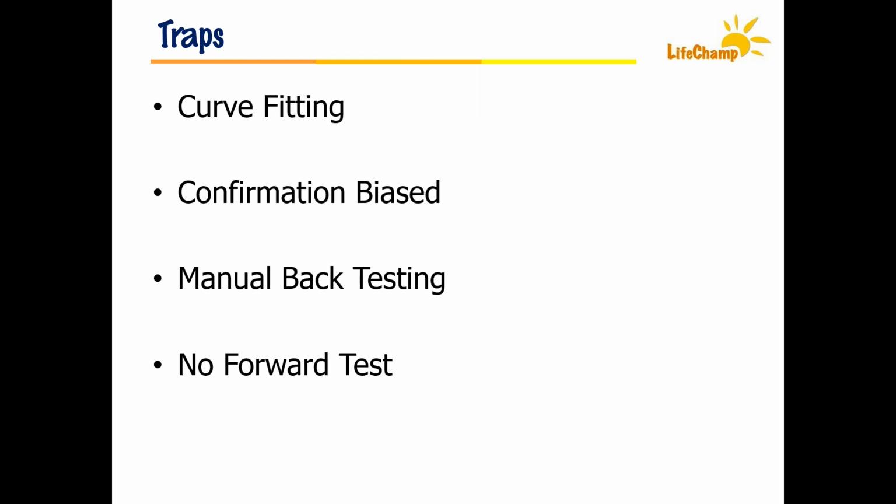Of course, there are many things you need to consider. There are many traps in trading, not only in backtesting. One is curve fitting. What is curve fitting? It is assuming that whatever happened in the last 5, 10, 20 years will repeat in the same manner, the same pattern, for the next 5, 10 years, which you shouldn't do.